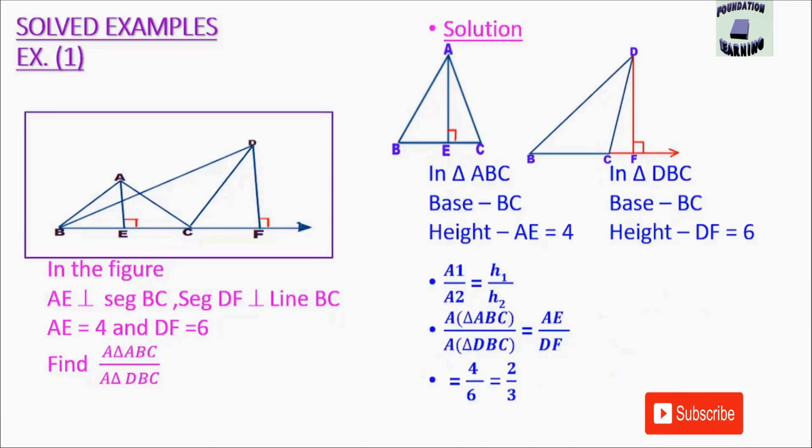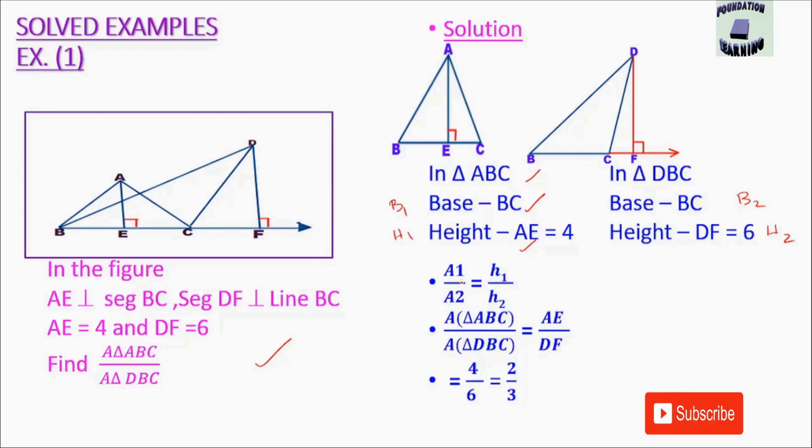So we'll see once again neatly, and if you want to write it down, you can write. Here you have the question, and here in triangle ABC, base is BC, height is AE. So this base is B1, height is H1, this base is B2 and height is H2.